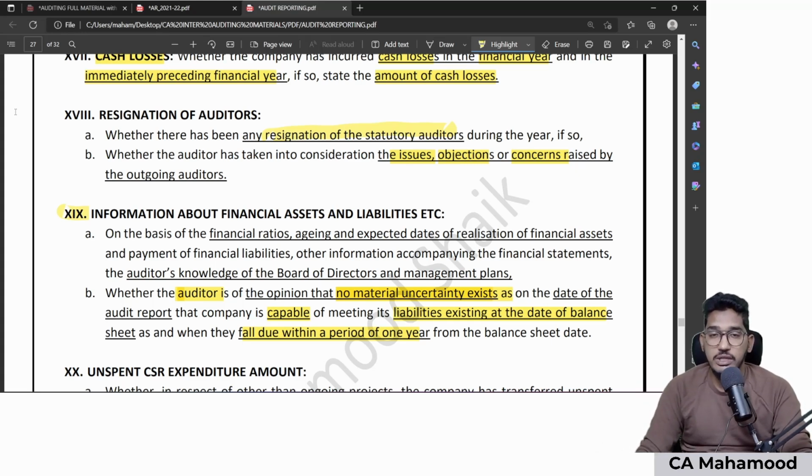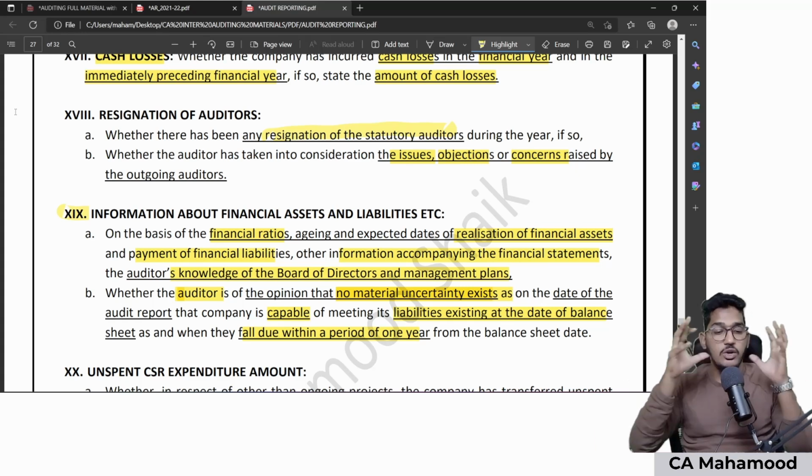And on what basis I have to give this opinion, sir? On the basis of calculating financial ratios, on the basis of analyzing expected dates of realization of financial assets and payment of financial liabilities, on the basis of information accompanying the financial statements, and even on the basis of the auditor's knowledge of the board of directors' and management's plans for the future. So you have to consider all this.